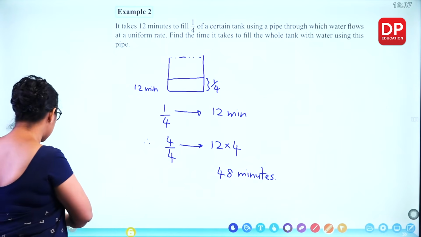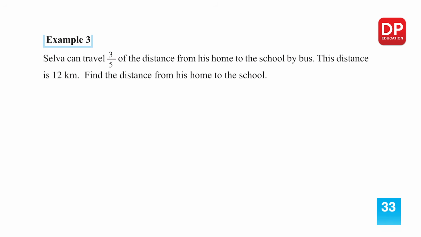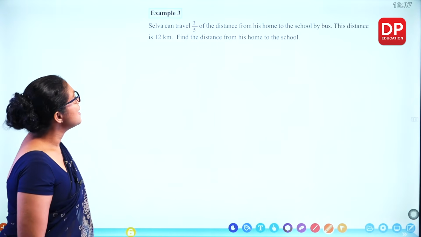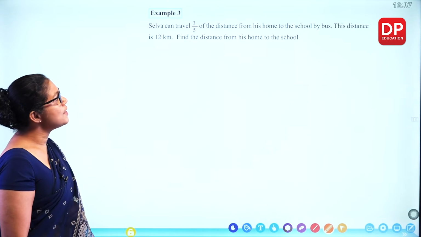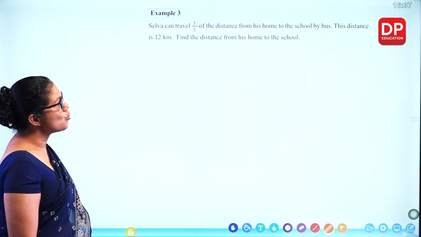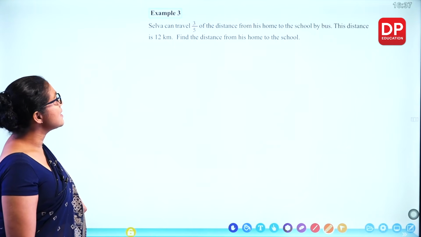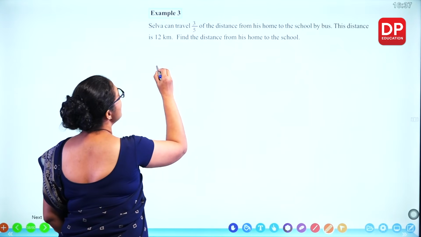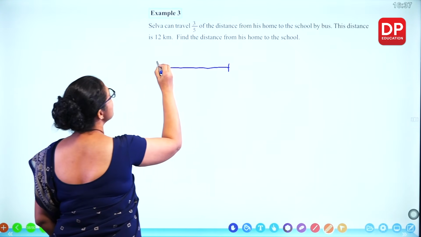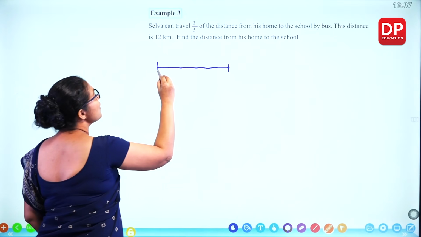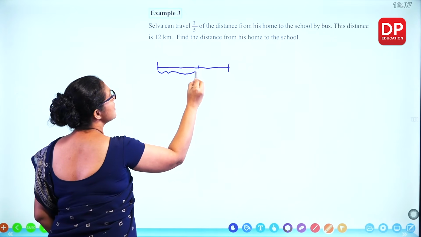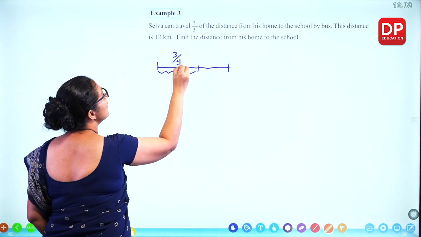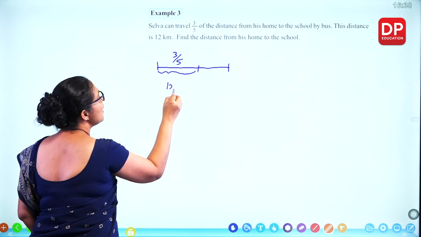Now we'll take the next example. Example number 3. Selva can travel 3/5 of the distance from his home to school by bus. This distance is 12 kilometers. So here it's given, if this is the total distance you need to travel, 3/5 of that is 12 kilometers.